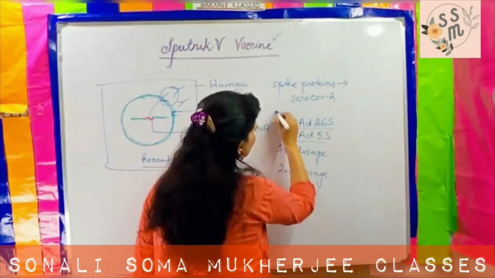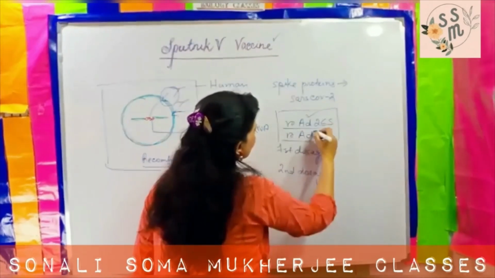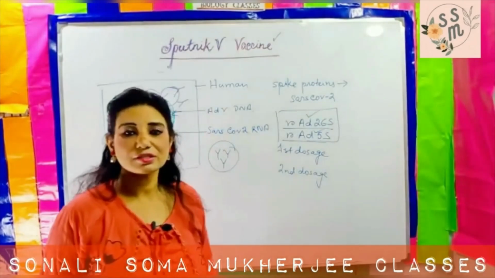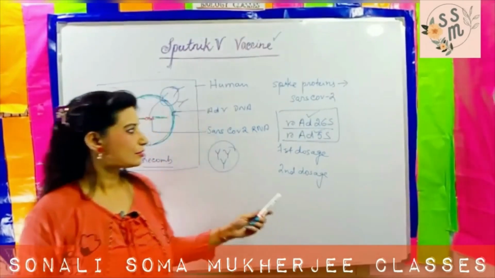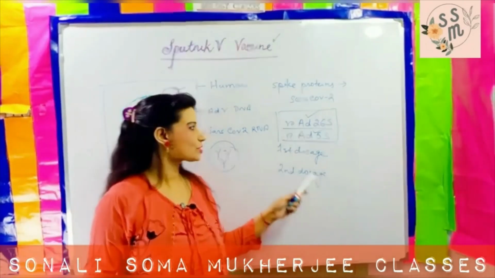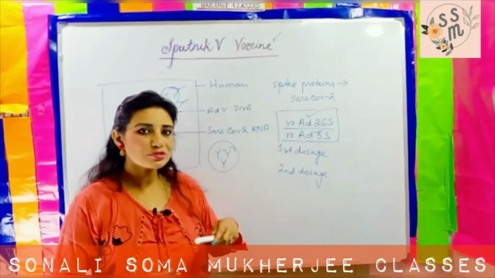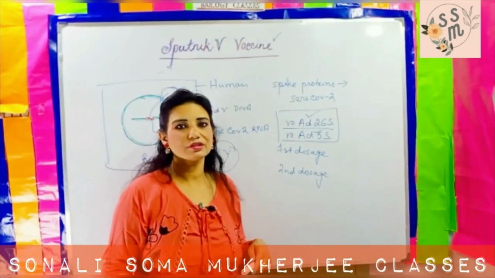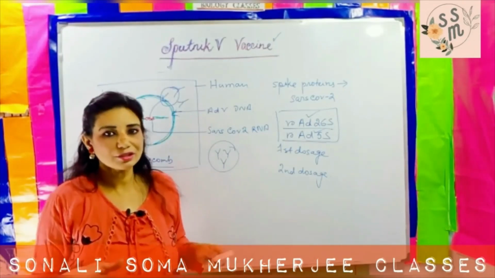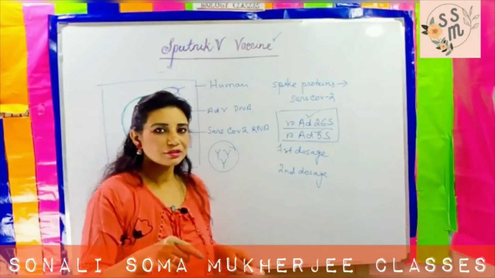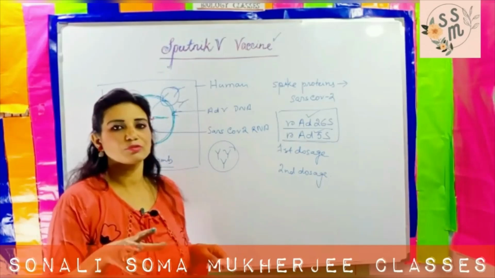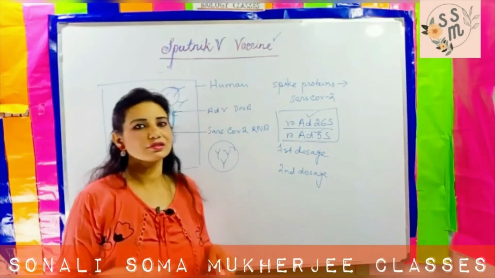So these are the 2 variants of the virus that are used, so that in the first dose, it is able to identify, and in the second dose, a separate variant of the virus is used. That time it is unable to identify it as the same one. So it will only kill the SARS-CoV-2.